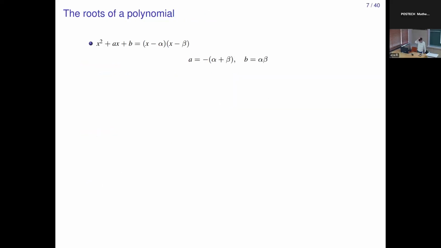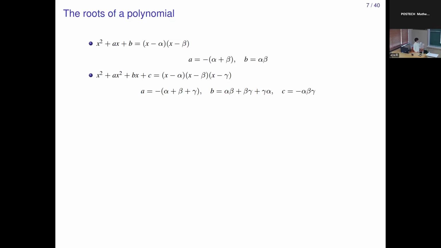These elementary symmetric polynomials are closely related to the roots of a polynomial. We know that if we have a quadratic polynomial, and alpha and beta are the roots, then the coefficients can be written in terms of the roots like this. And for the cubic polynomial, if the roots are alpha, beta, gamma, then we can also write the coefficients using the roots.